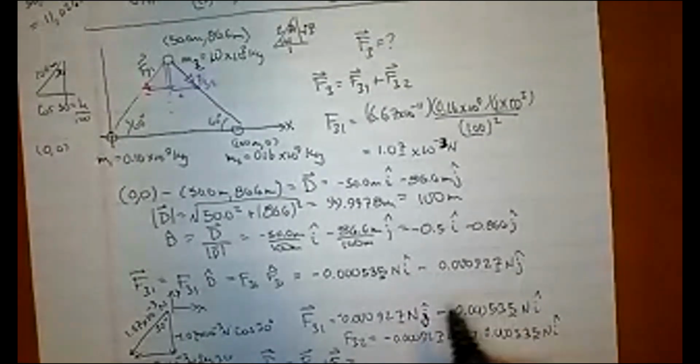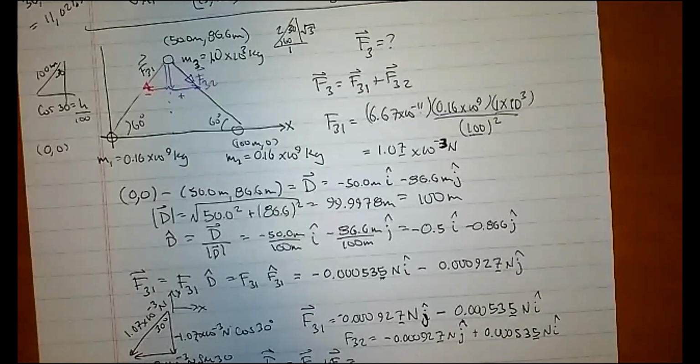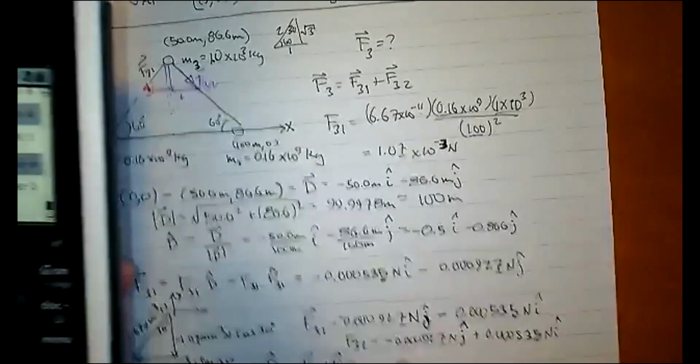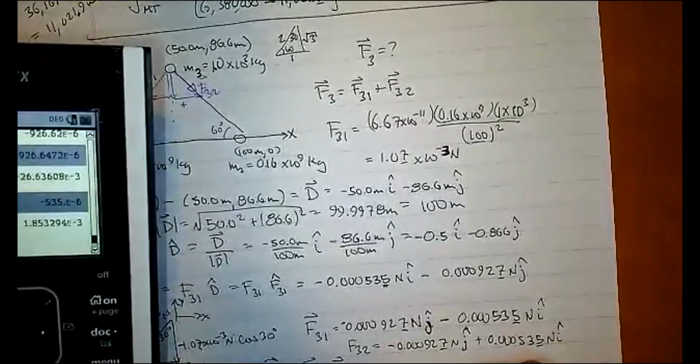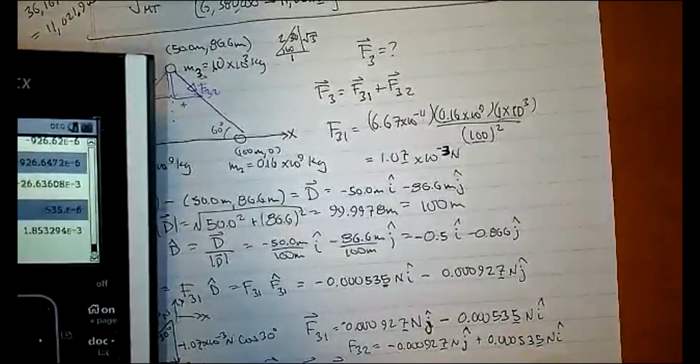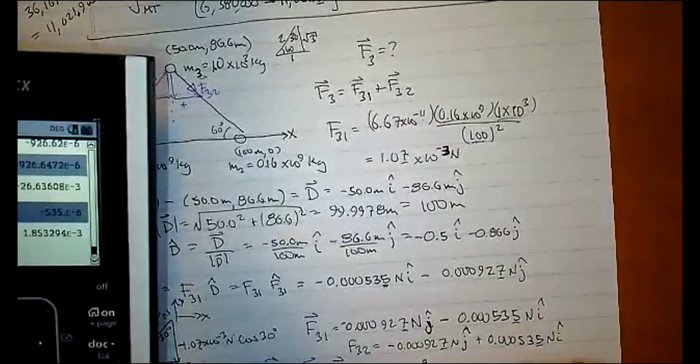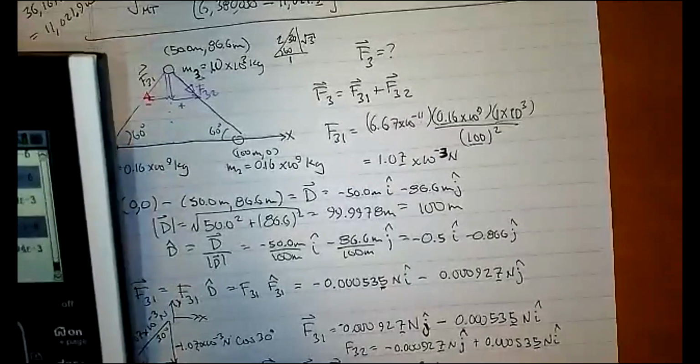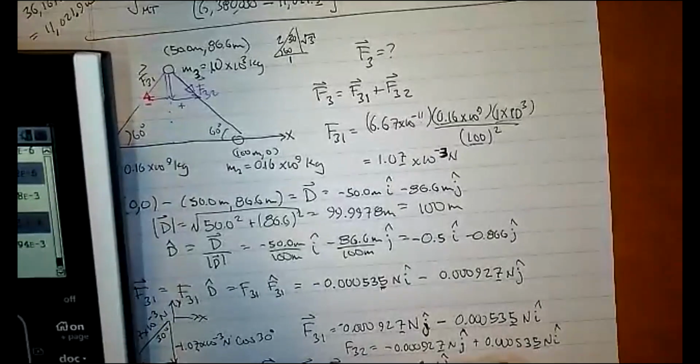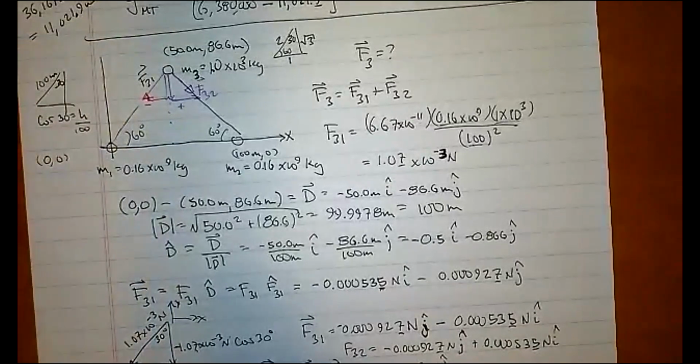When you add these 2 together, those cancel out and these 2 add together. And ultimately, I will get 1.85 times 10 to the negative 3 newtons in the negative J hat direction. That's it.